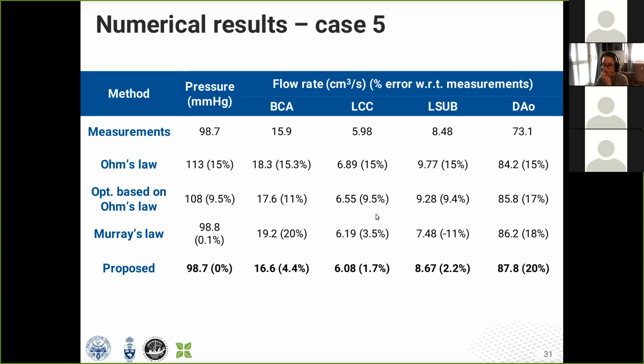One thing that I want to point out is that when measurements violate the mass conservation principle, you cannot expect to have a 0% error on all the outlets, on all the measurements, because the data that you are simulating are intrinsically wrong, non-physical, while when you solve optimal control, you are finding a physical solution.